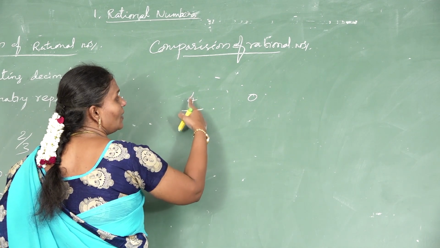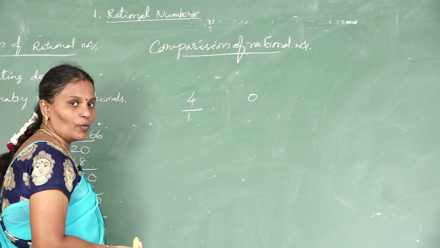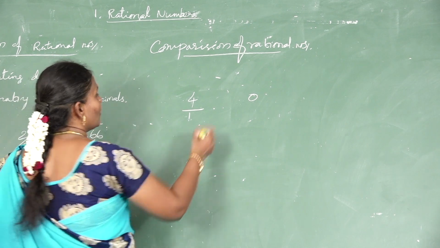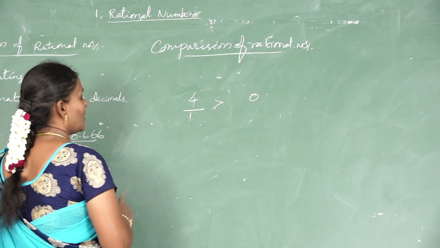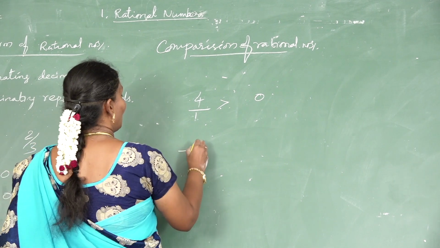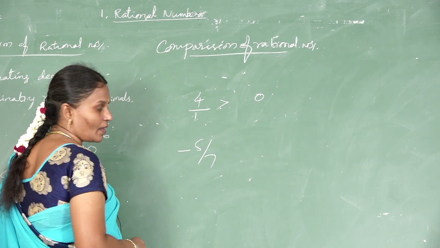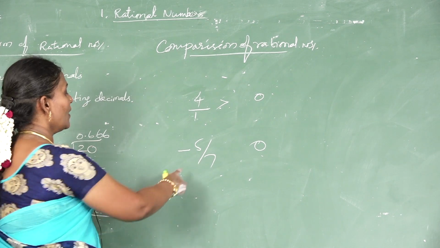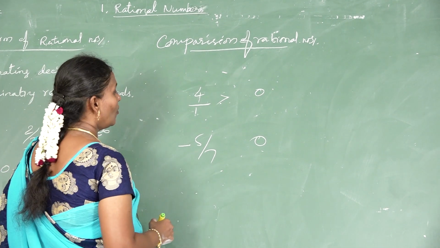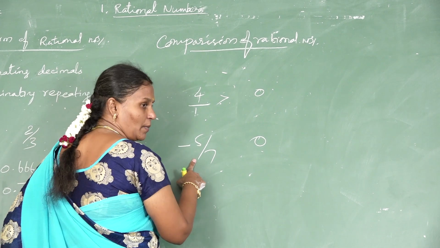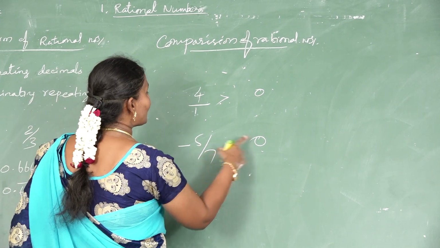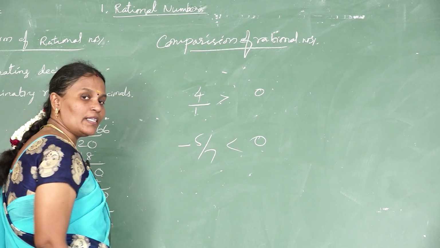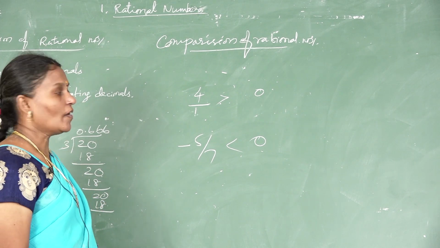Definitely 4 is greater than 0. Next one, see, minus 5 by 7. Compare it to 0. This is a negative rational number. Always a negative rational number is less than 0. Understand?